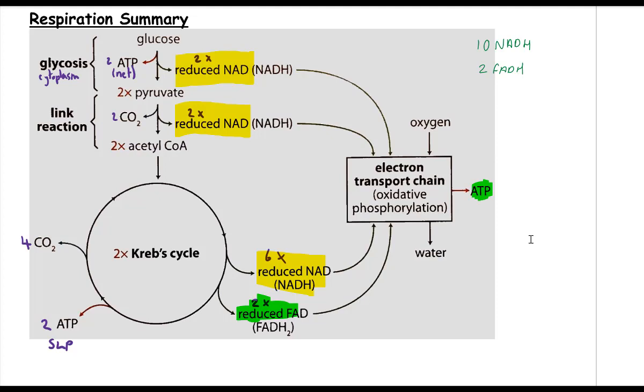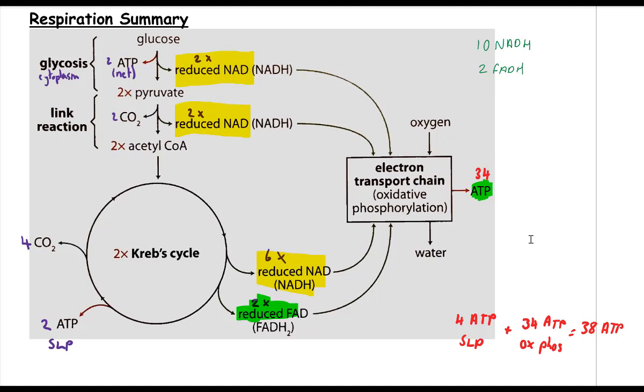And to be precise here, because we've made the 2 ATP over here and the 2 ATP over here, there are 34 ATPs produced in the electron transport chain. So the 4 ATP from substrate level phosphorylation plus the 34 ATP from oxidative phosphorylation equals 38 ATP per glucose.